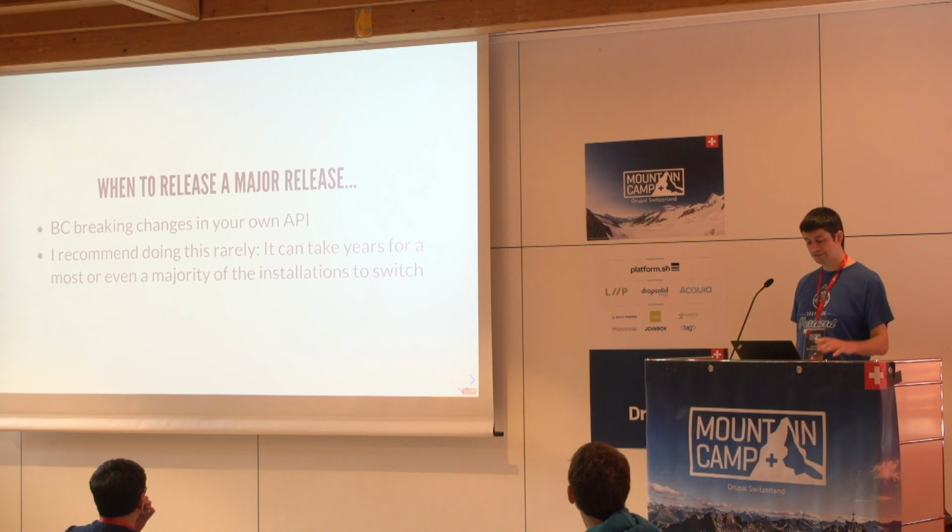And somewhat related to minor versions, I recommend doing new major versions rarely, because even more so than minor versions, it usually takes years for a large number of Drupal sites to update to that new version. It requires manual testing and updating composer.json and so on. And people often just don't do that unless they need to.